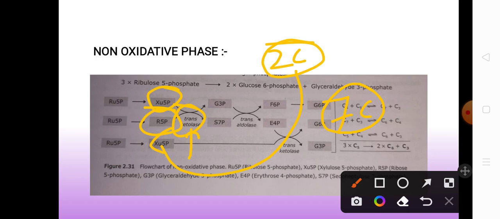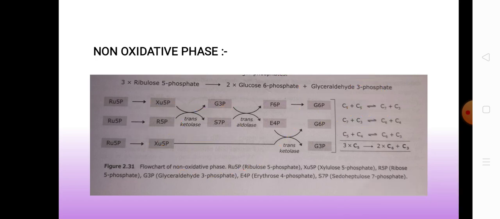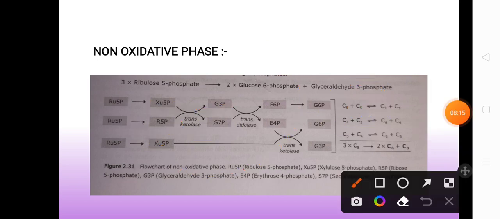Xylulose 5-phosphate, by donating, will become an aldose, not aldolase. Aldolase is an example of an enzyme, and here we are talking about monosaccharides. So it will convert into a 3-carbon containing aldose, that is glyceraldehyde 3-phosphate. And ribose 5-phosphate, after getting the 2-carbon unit, will be converted into a 7-carbon containing ketose, that is sedoheptulose 7-phosphate. So the thing we have just learned is working, right?